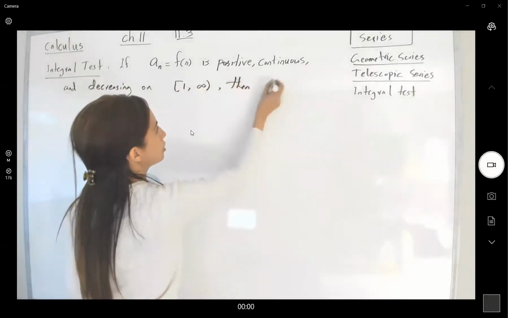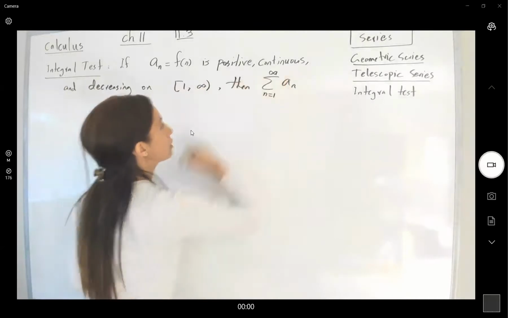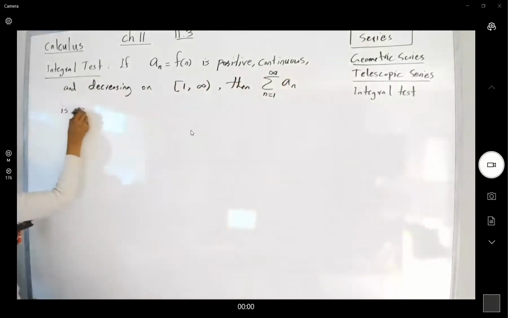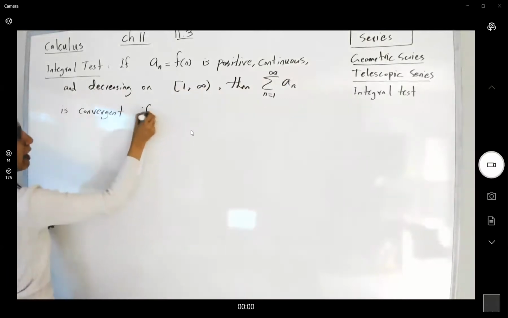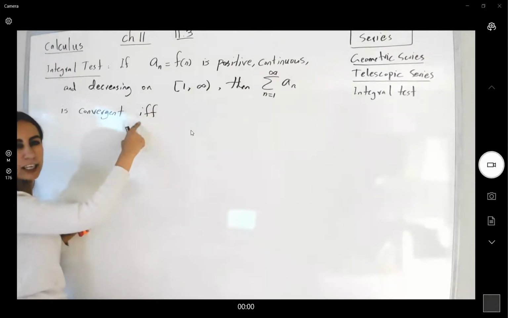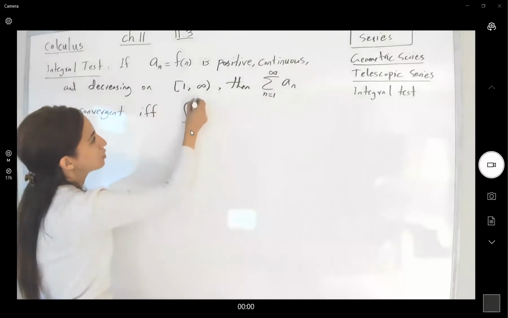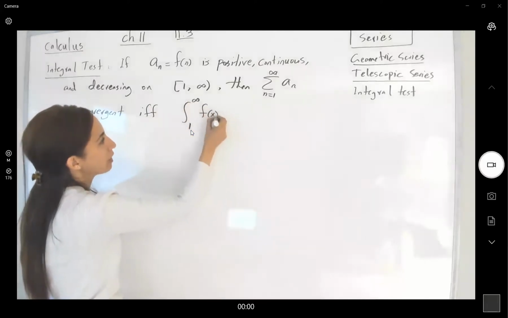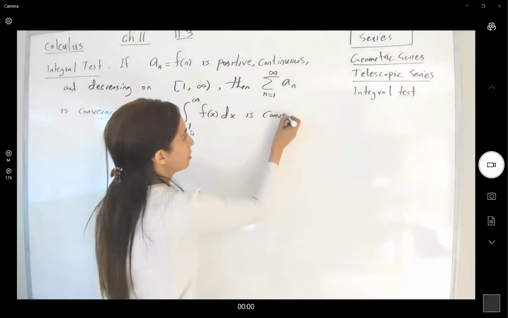Then your series, the sum of a sub n from 1 to infinity, is convergent if and only if the integral from 1 to infinity of f of x dx is convergent.